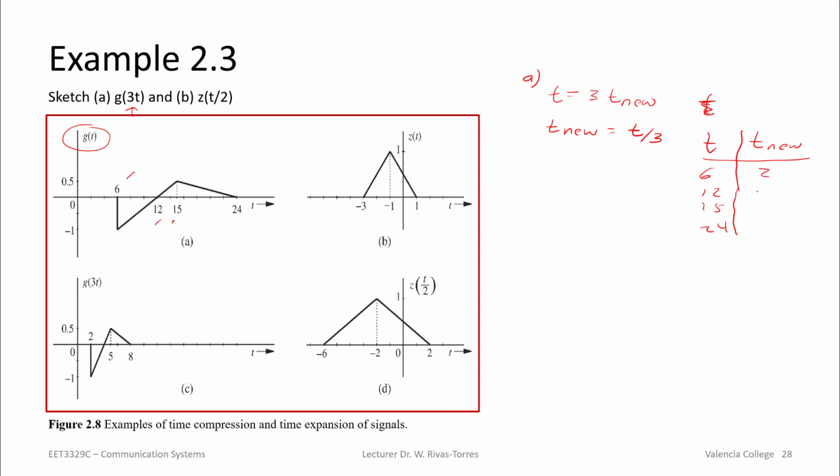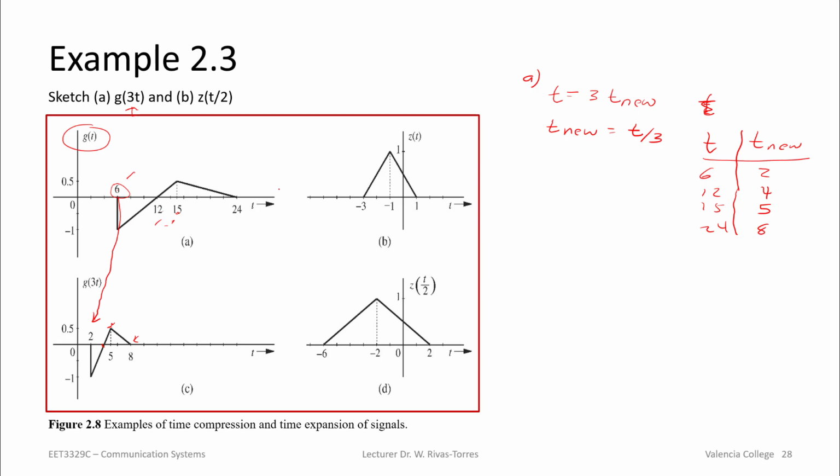So this will be a 2, a 4, a 5, and an 8. So 6 becomes 2. The 12 becomes 4, which is where it crosses 0. 15 becomes 5 when I look at my table, so you have 15 right there. And then the 24 becomes 8. And that's how you compress the signal.